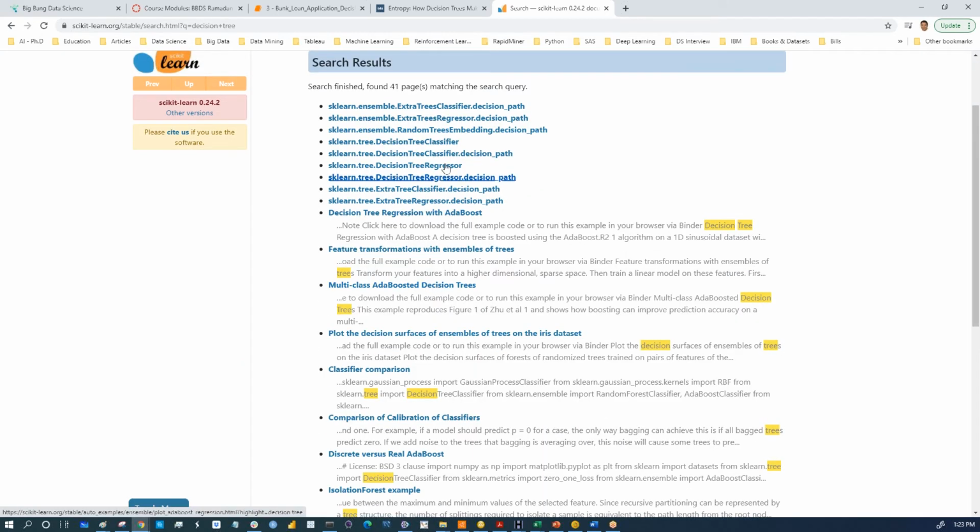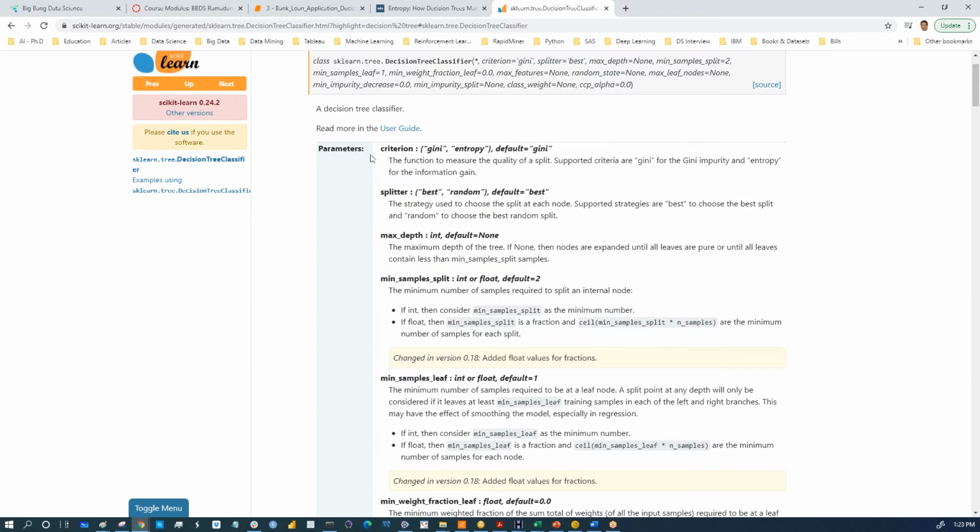Decision tree. Here we go. Criterion: there are Gini index and entropy. Actually, the default is Gini, sorry. Splitter: best or random, the default is best. Max depth is an integer, the default is none. Max samples split.